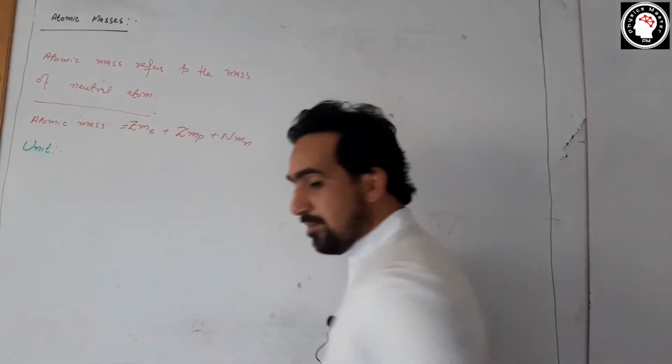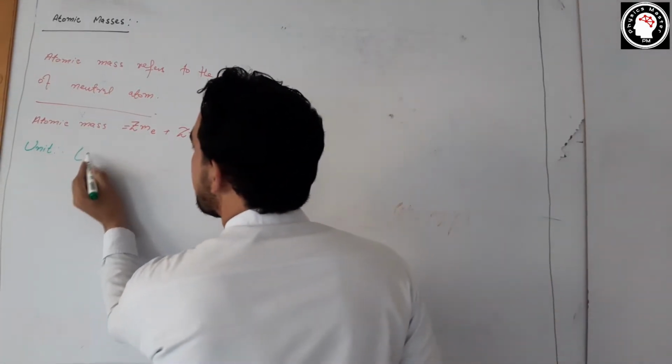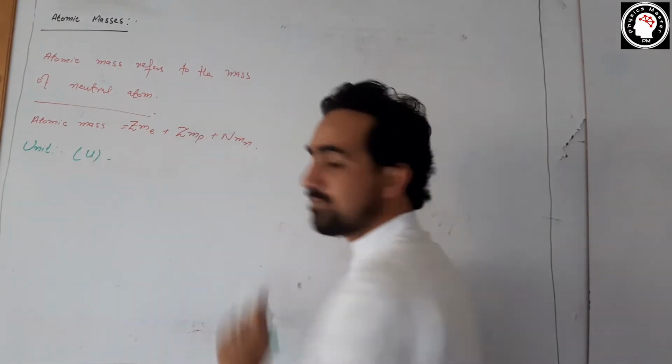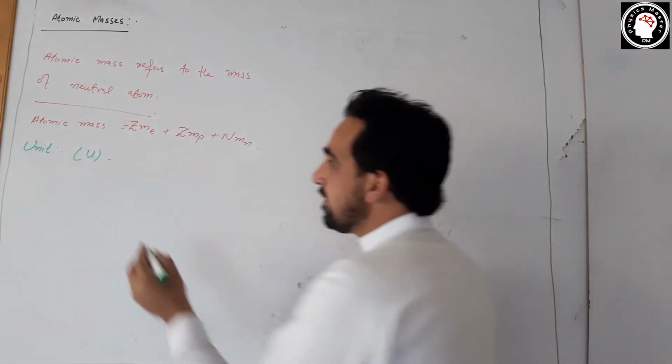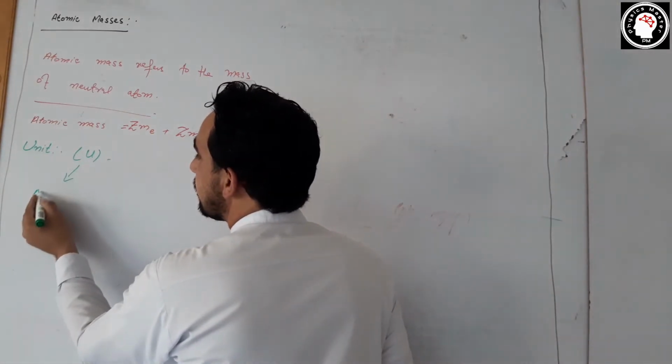Unit. Atomic mass unit is expressed by the symbol u. It is called the atomic mass unit.